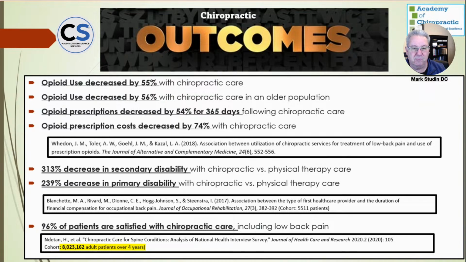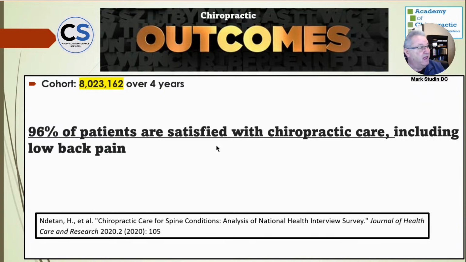In my notes, when I put my manipulation code, I write in parentheses, chiropractic spinal adjustment. What you do matters. It makes a huge difference. 96% of patients are satisfied with chiropractic care. These are the outcomes. This is it.